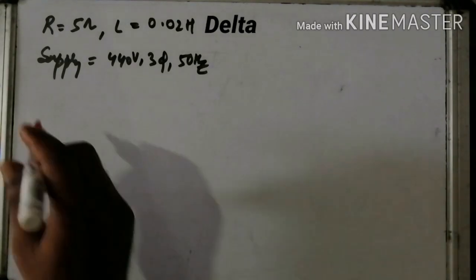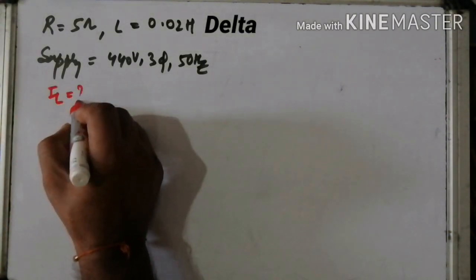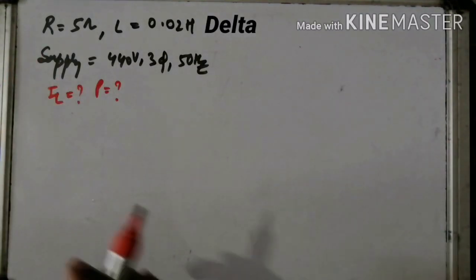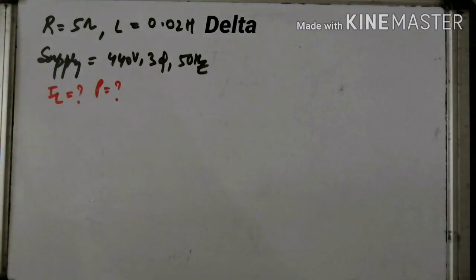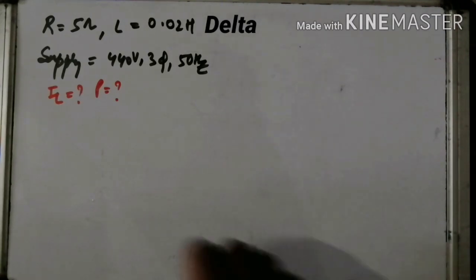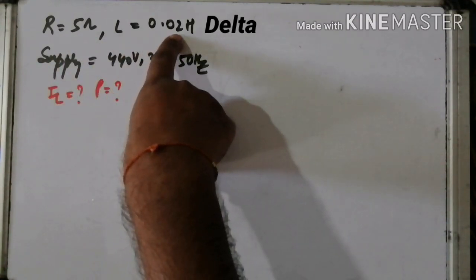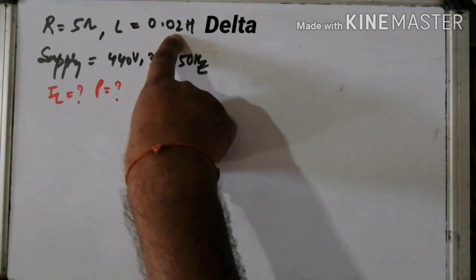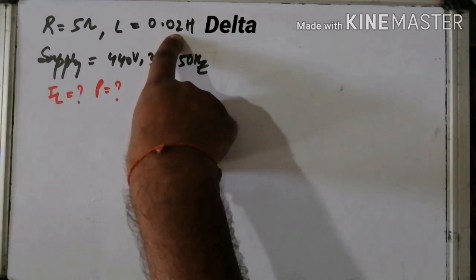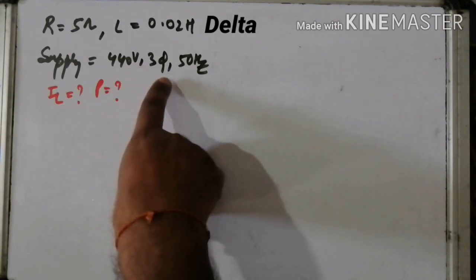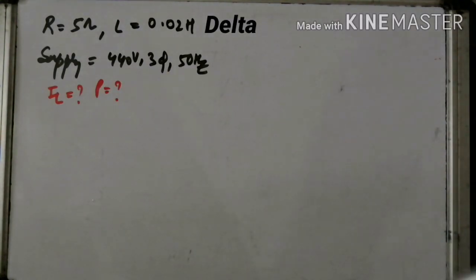Calculate line current and power absorbed. I am repeating the question. Three similar coils having resistance 5 ohm and inductance 0.02 Henry are connected in delta to a supply having voltage 440, 3 phase and 50 Hertz. Calculate line current and power.